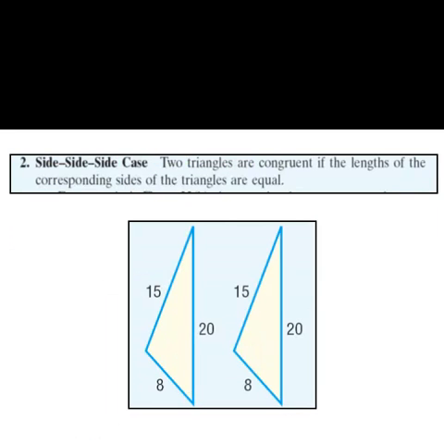Or if you have your two triangles and the three sides are the same, that means that the interior angles are the same as well. And so, provided that the three sides are the same for the two triangles, then the two triangles are congruent.